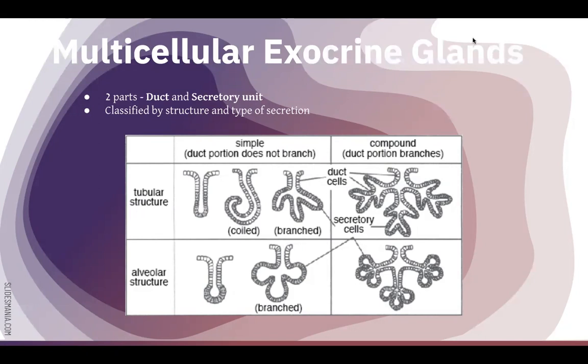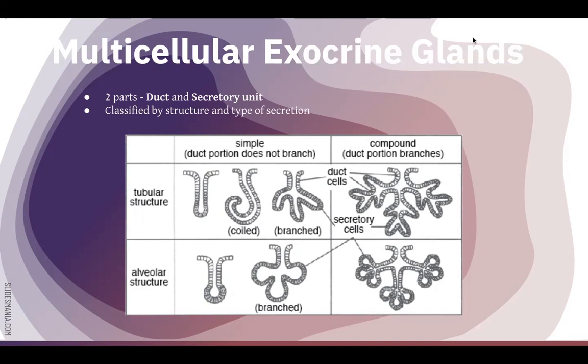The glands are then again categorized by their secretory units, which can either be tubular or alveolar. Tubular looks more like a tube, and the alveolar are kind of like sacs. Alveolar comes from a word that means a small hollow cavity.